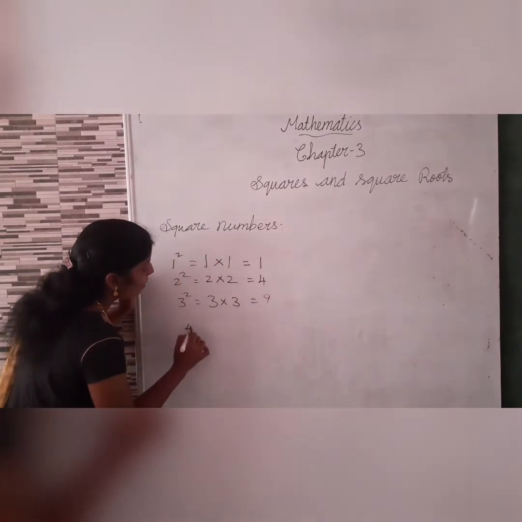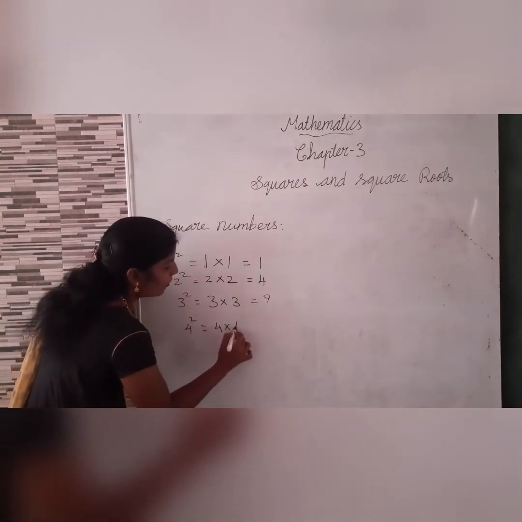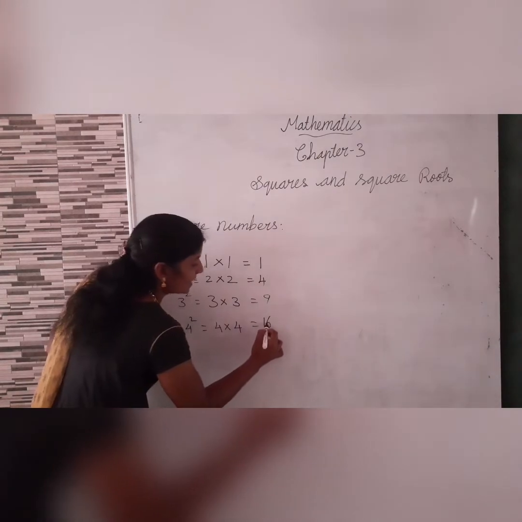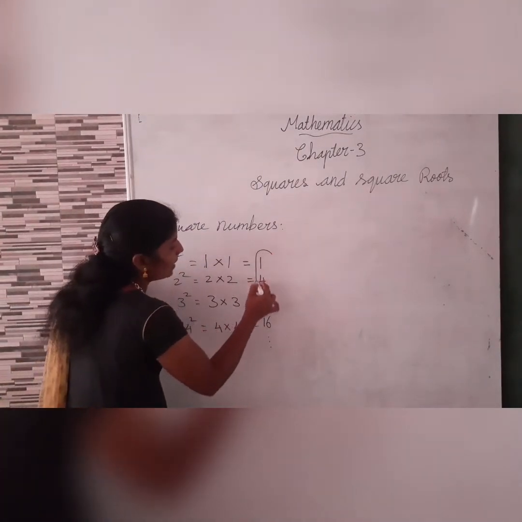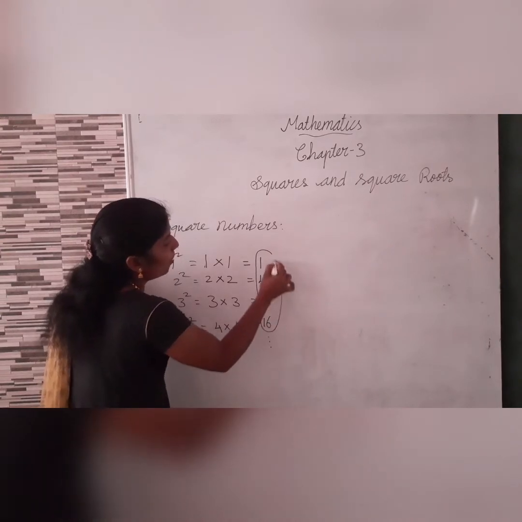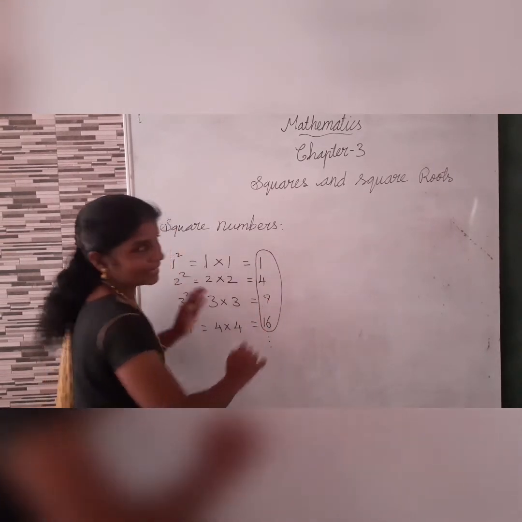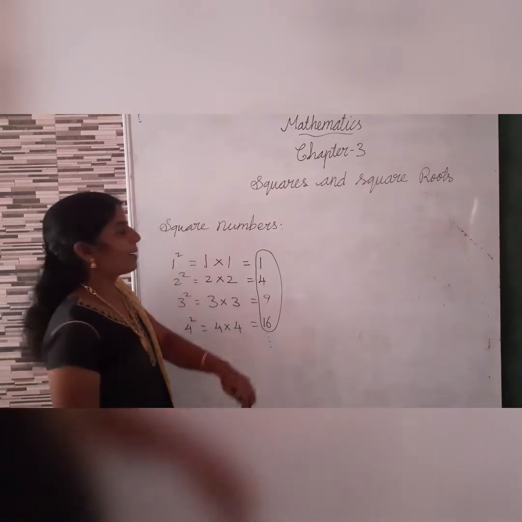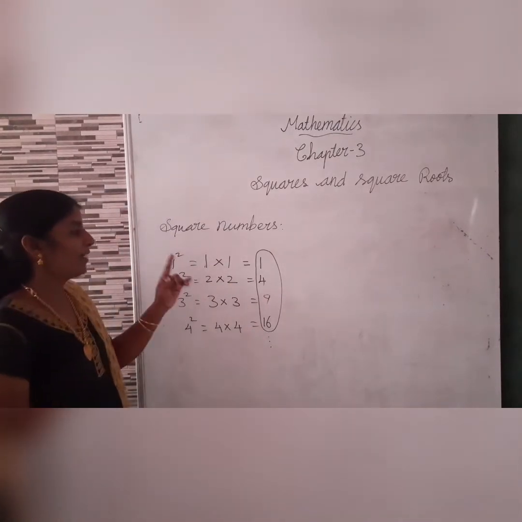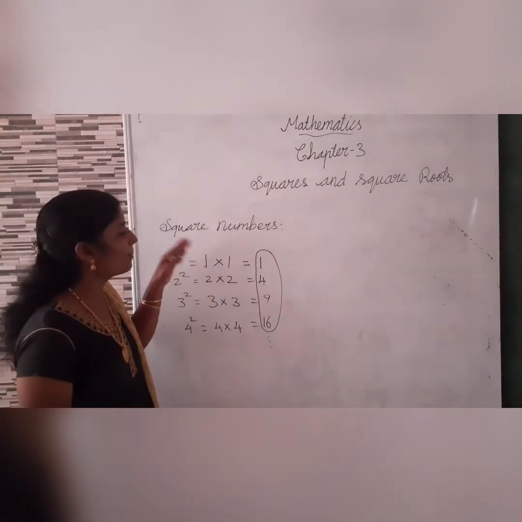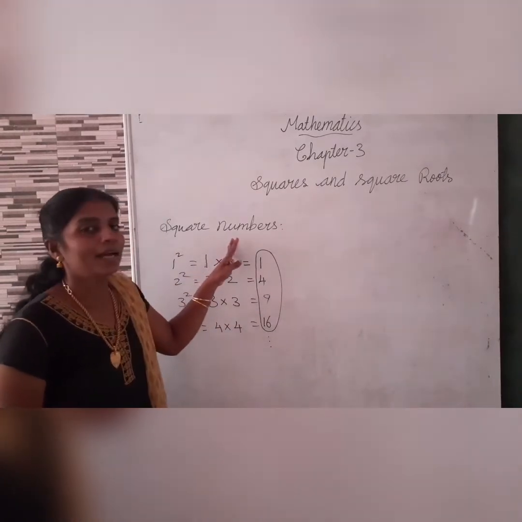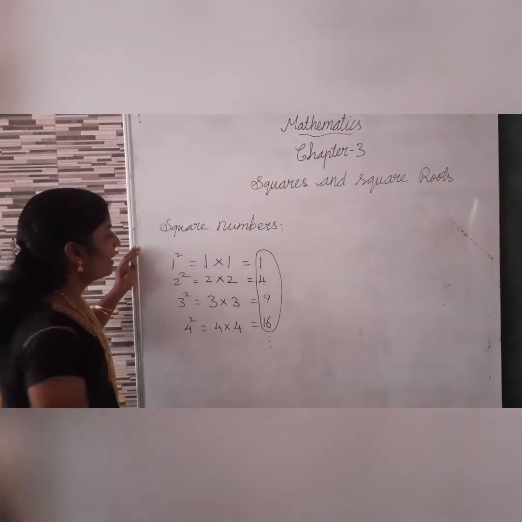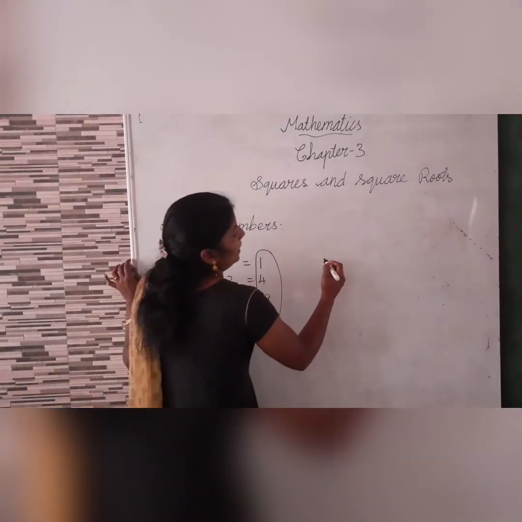Now 4 square, 4 into 4 equal to 16, etc. These are the square numbers: 1, 4, 9, 16. Are you clear? When a number is multiplied by itself, that number is called a square number.